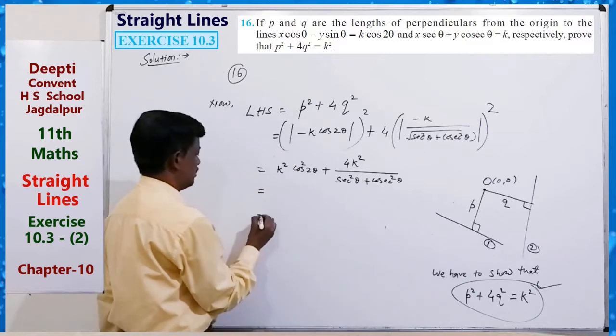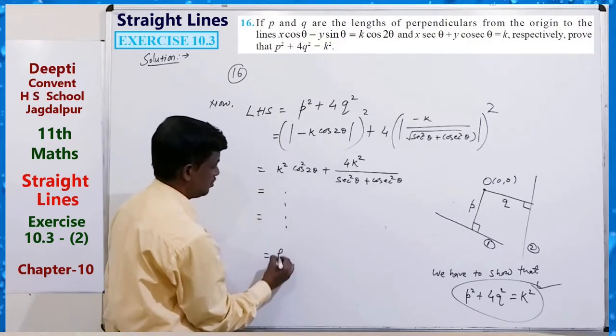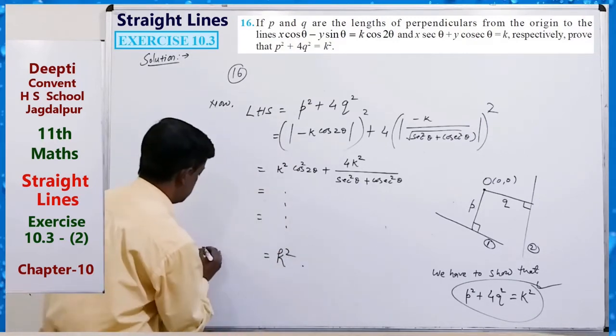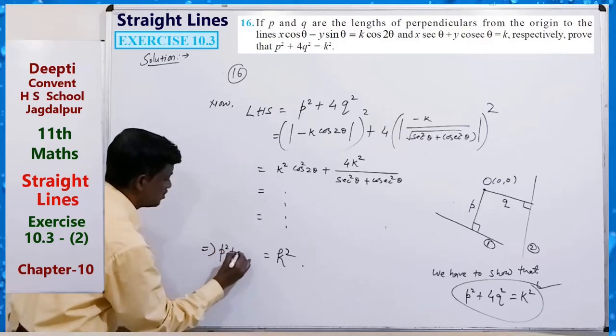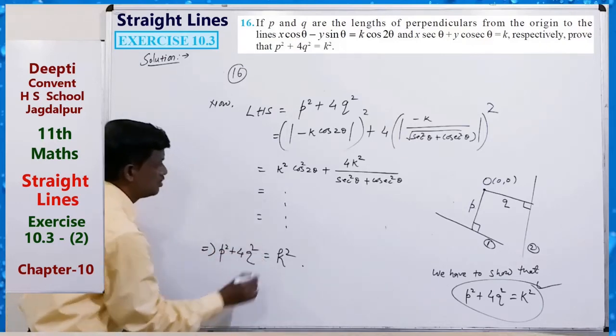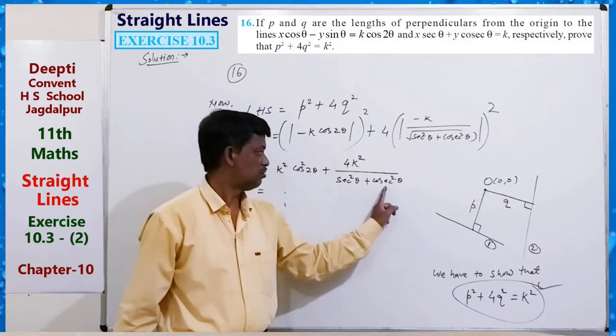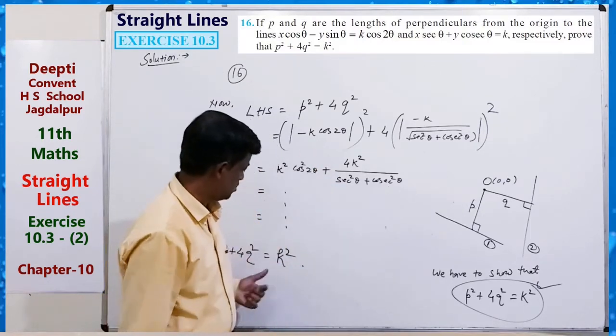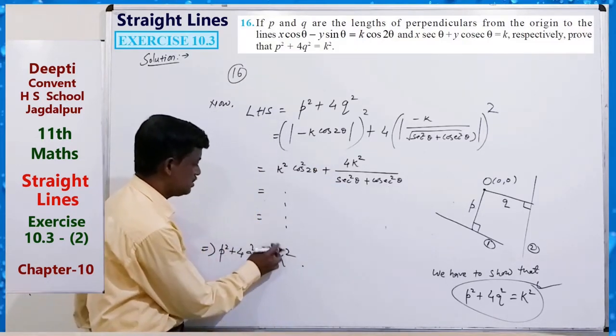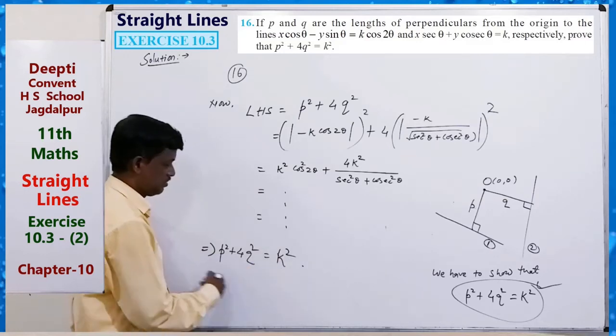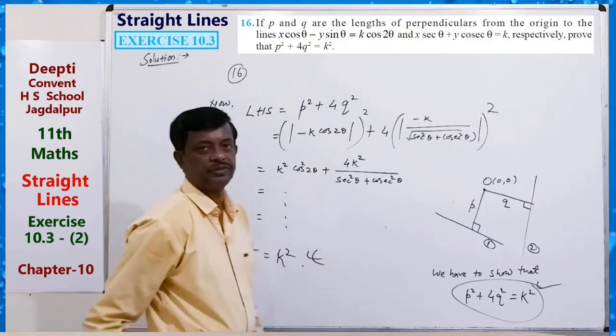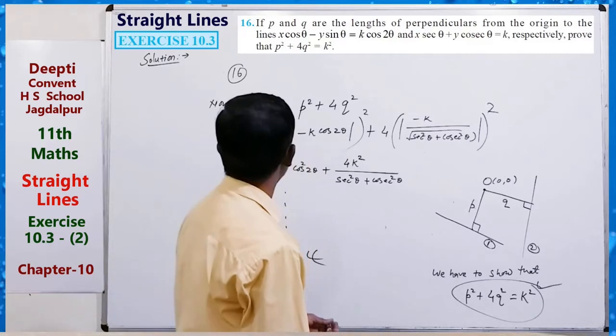Now just solve it. Take 1 by cos, 1 by sin and do it. You can get finally P square plus 4Q square as K square. So this is proved. Okay, this is question 16.